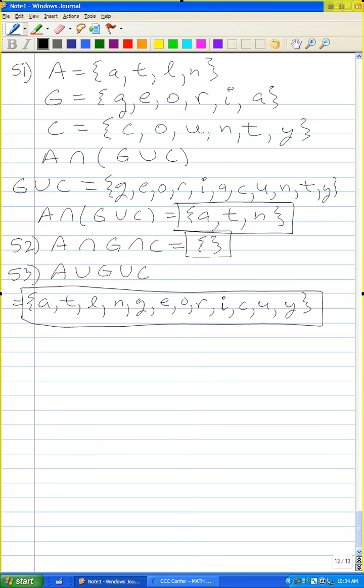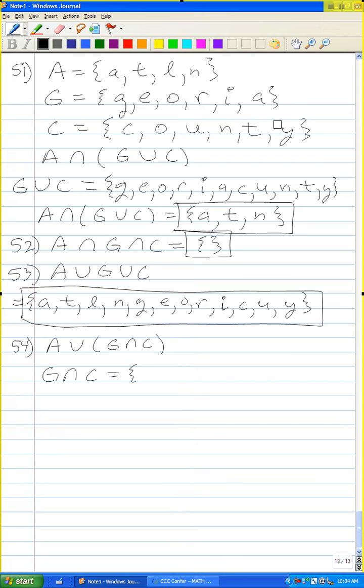Okay, 54. A union G intersect C. So let's determine G intersect C. What is in both G and C?